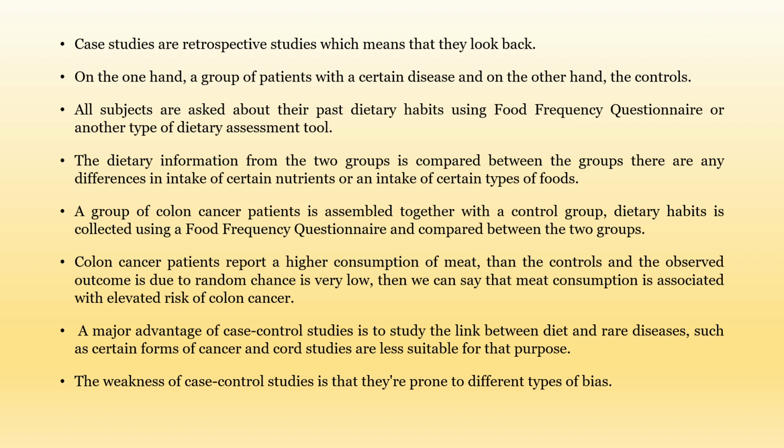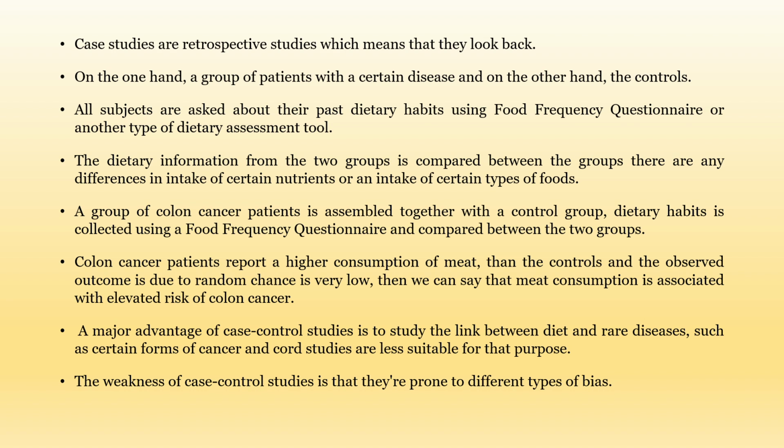Imagine that we are interested in the link between diet and colon cancer. A group of colon cancer patients is assembled together with a control group of non-patients of about equal size. Let's say about 300 to 400 people. As I just explained, information about the participants' dietary habits is collected using a food frequency questionnaire and compared between the two groups.